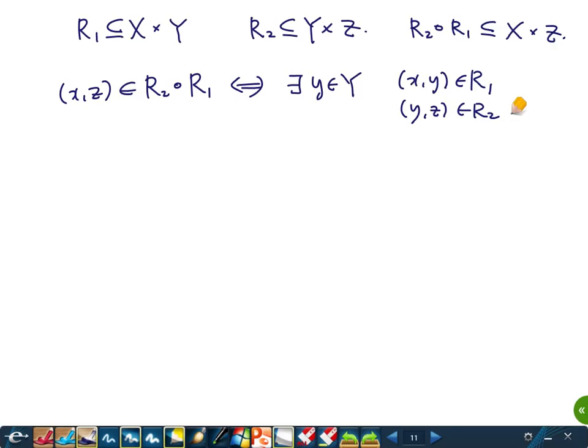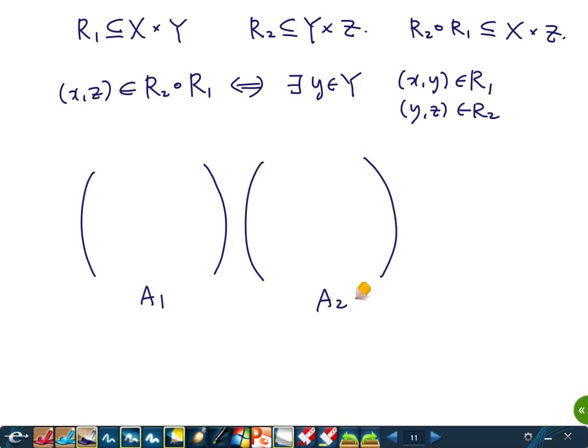What does this have to do with matrix multiplication? Think about the matrices A1 and A2. So here we have x1, x2, something like that, right? Here we have y1, something like that. Here the rows are labeled by y, so y1 up to ym, say. Here z1 up to zl, for instance.